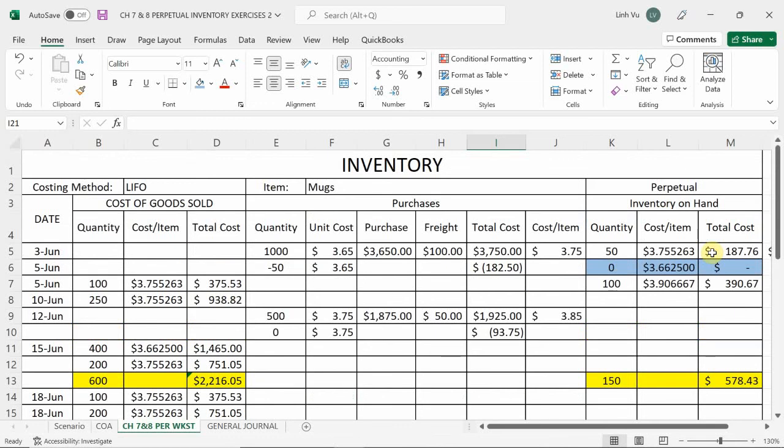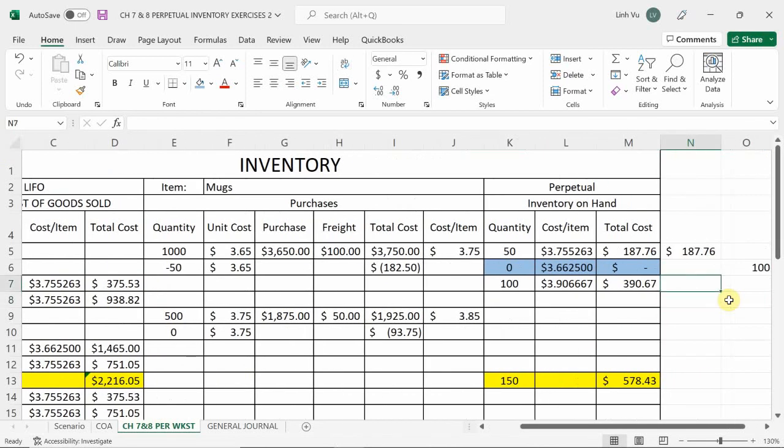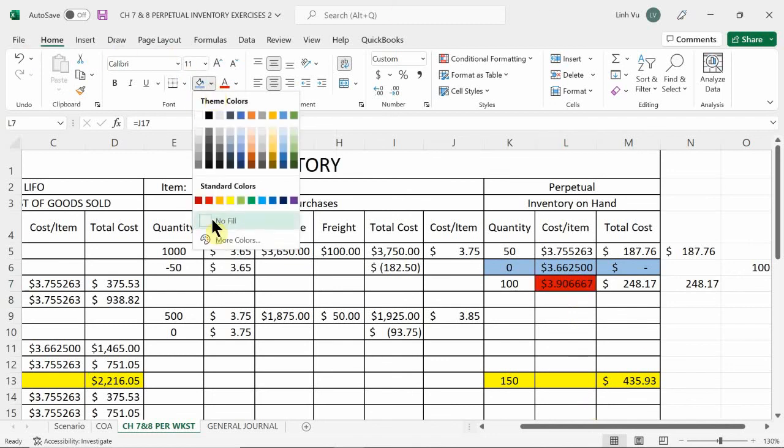So therefore, I still have my last batch of inventory right here. So therefore, I need to adjust this inventory to reflect what I want it to be. So 390.67 minus 142.50 is going to give me 248.17. Okay? So therefore, my cost per item is going to change, right? But I can't change this one because I used it to cell reference a lot.